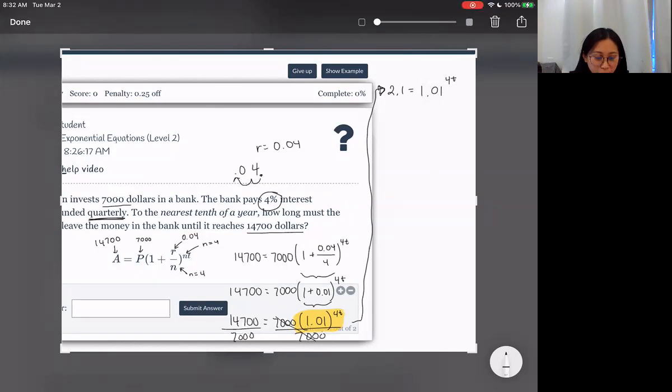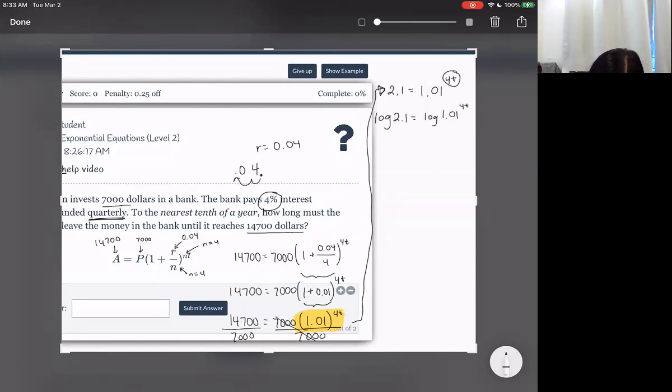So once you get your exponential by itself, this is good news because now you can apply the log to both sides. We apply the log to both sides so that we can get the exponent out of the exponent. So literally just write log in front. So I just wrote log in front of both sides.